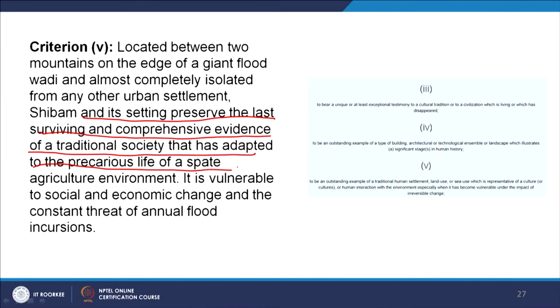As we said, it is continuously under threat from social and economic changes and the annual flood. If you summarize the whole thing, the threats come from natural elements and a lack of organizational support and material resources for conservation.